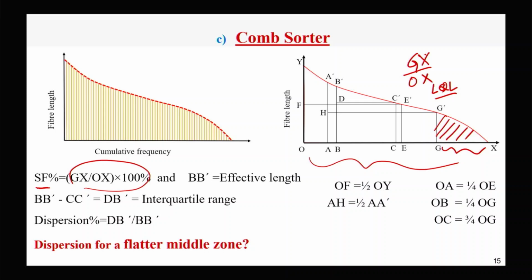Here the assumption is that we are arranging all the fibers at equal distance, so that the number density of fibers throughout the plot is equal.